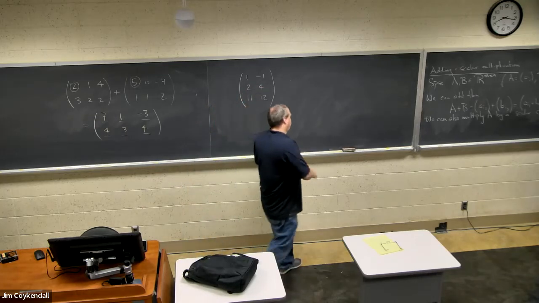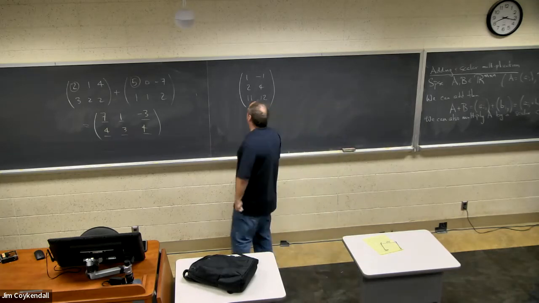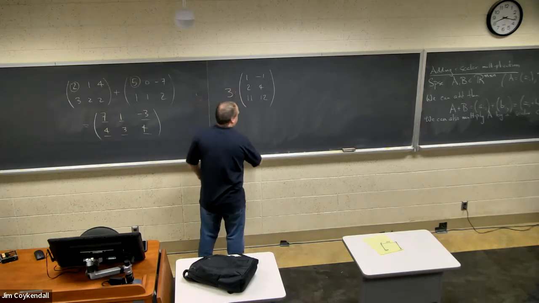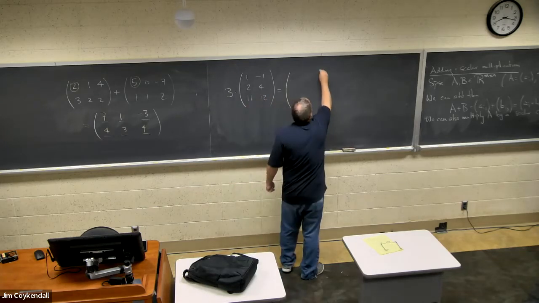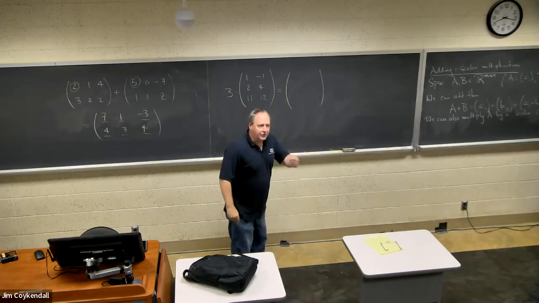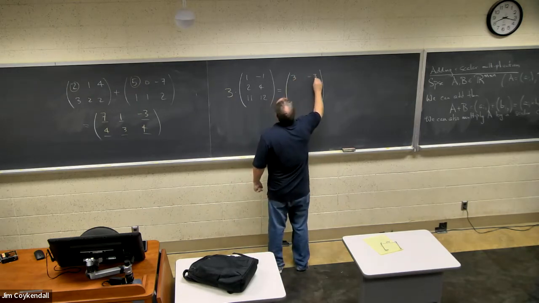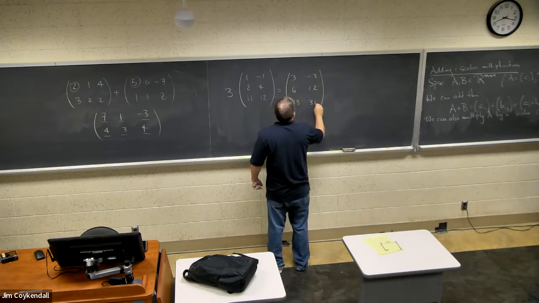What do you suppose is the appropriate way to multiply this by a constant? What if I want to multiply this by, say, 3? Okay, that's right. Just multiply every entry by the number. So, minus 3, 6, 12, 33, 36.